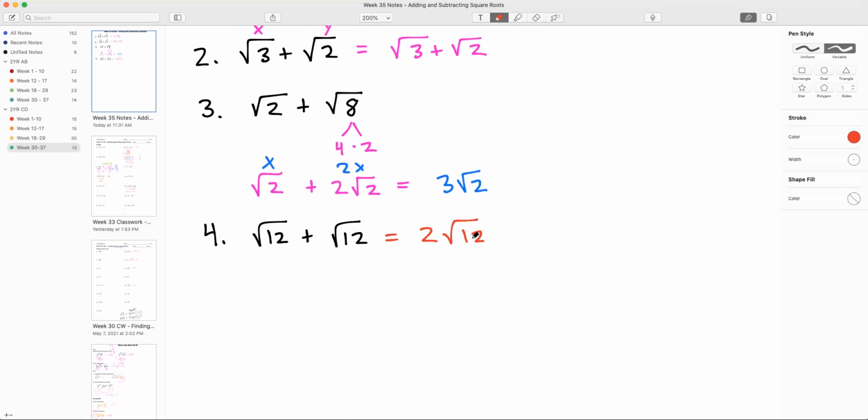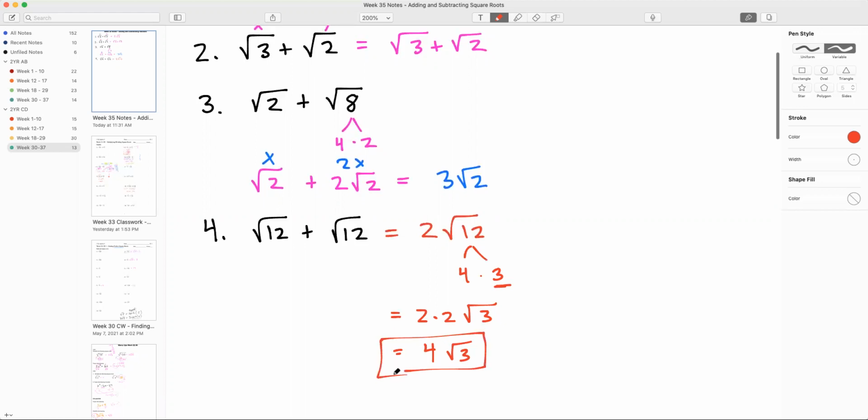So root 12, like I said, has a perfect square of 4 in it. And then you've got the 3, 4 times 3. You take the square root of the 4, and then you've got 2 times the 2 that came out, and then the 3 is left inside the square root. So that equals 4 root 3. And we're done with that one.